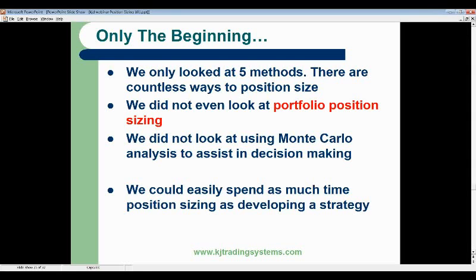The other thing we didn't look at, something I always use in looking at position sizing, is the Monte Carlo analysis, which basically is a simulation technique. And that helps make better decisions, because the curves I just showed were the history as it occurred. Well, that doesn't mean the history that occurred is going to occur the same way.